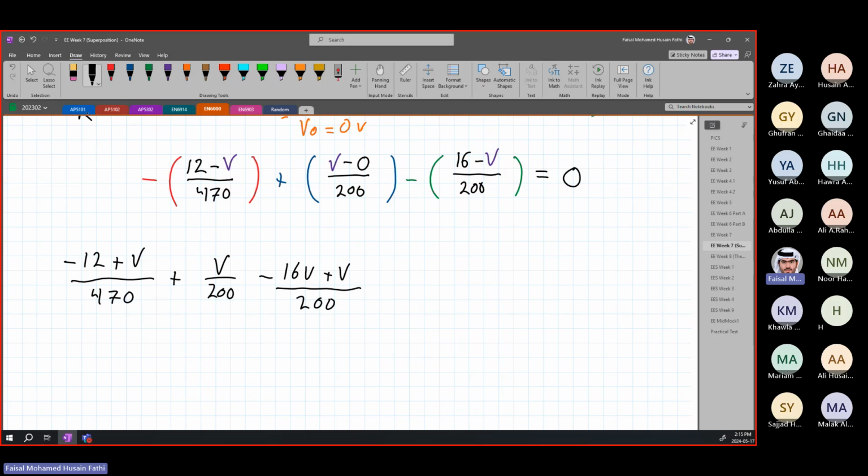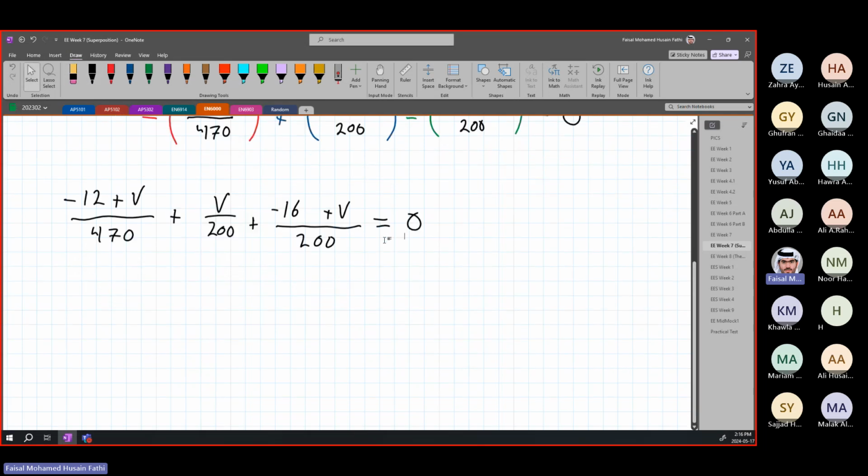Okay? And this is equal to 0. And then you just solve for V.